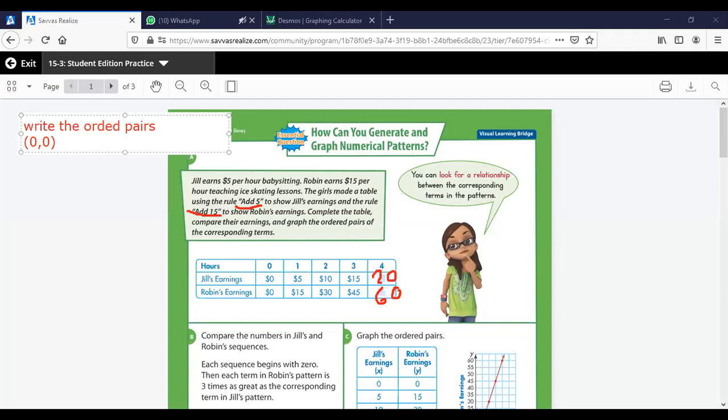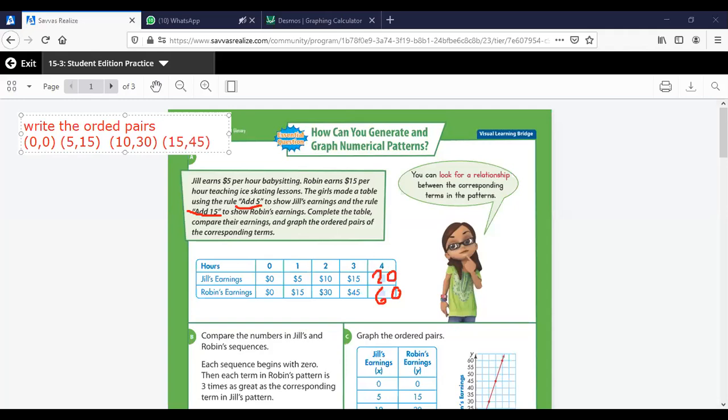Now let's write the second one. We have 5 with 15, right? This is the second ordered pair. The third one will be 10 with 30, right? And after that, we have 15 with 45.